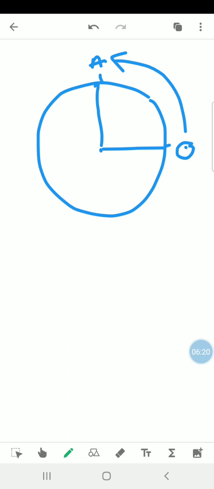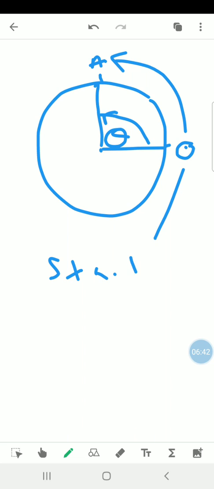Then we talk about angular displacement theta. We talk about this angle through which something moves, the angle or the arc through which the object has moved from its starting position. From the starting position up to the end, how far it has moved is what we refer to as angular displacement.